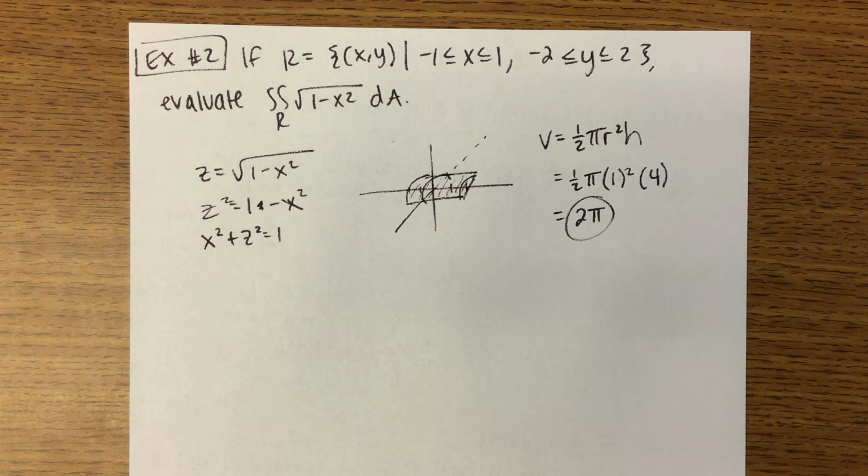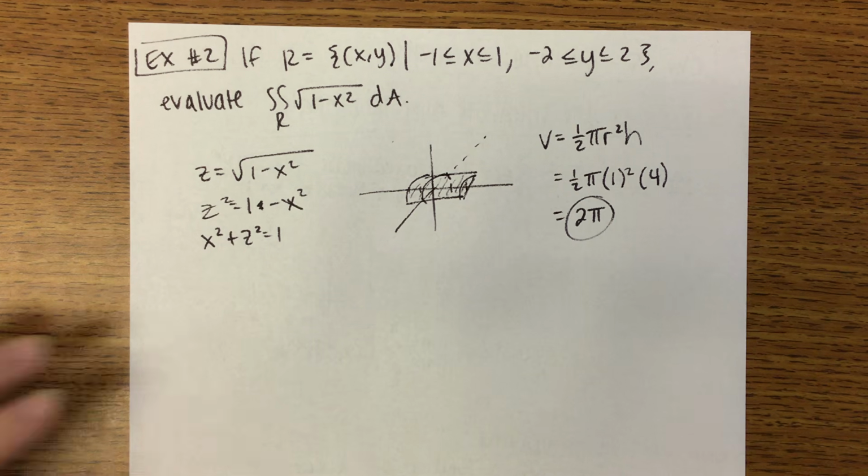Okay. Do we get the idea of what a double integral represents? Yes? Okay, so now we are going to talk about how you actually evaluate or calculate double integrals.